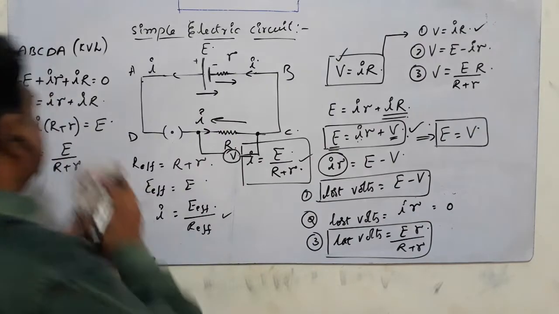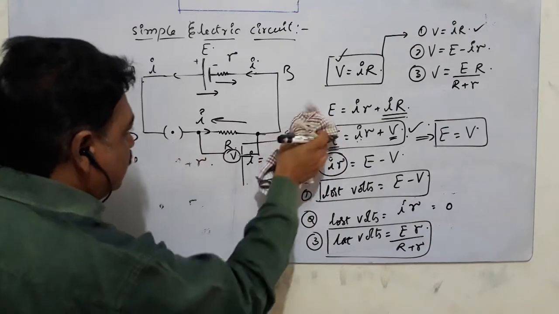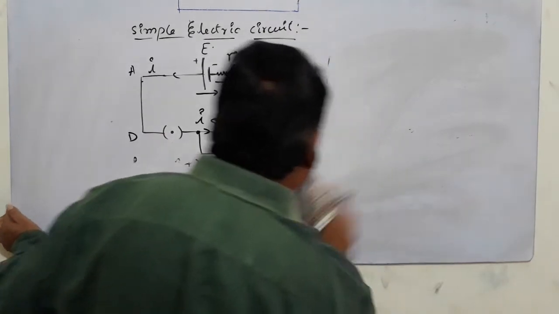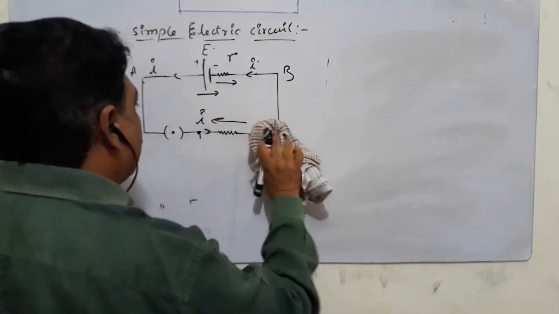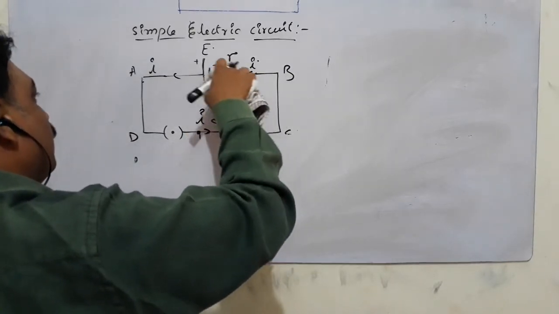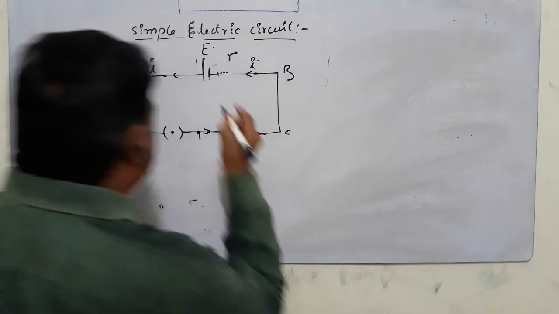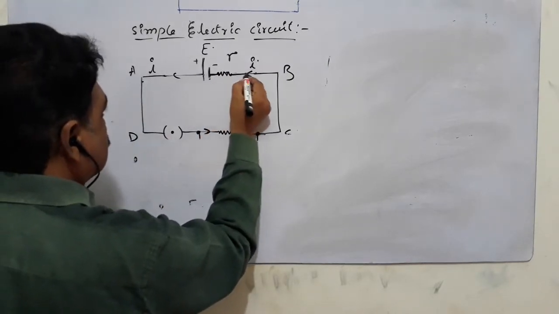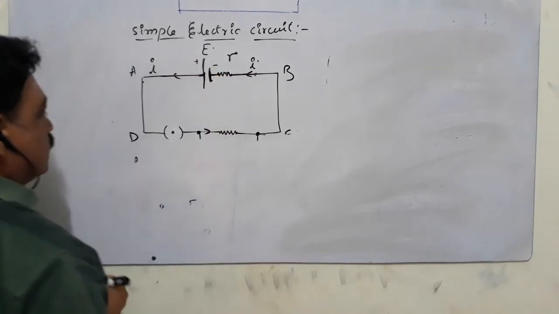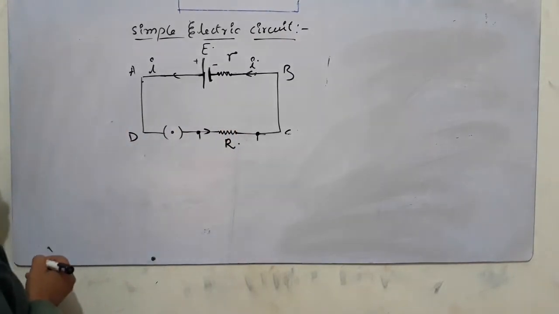Now, simply I am giving you important formulae in a list. See, this is external resistance R, r is internal resistance.